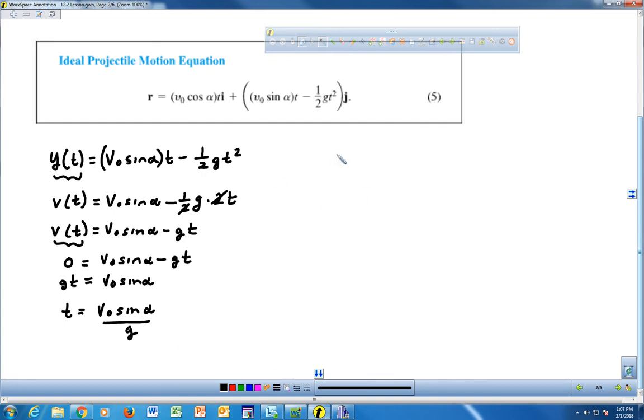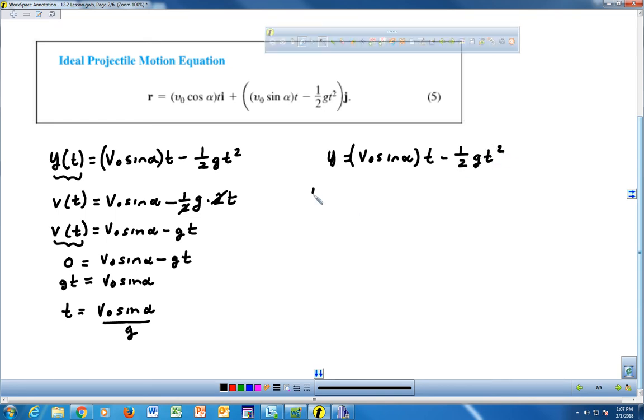So if I want to find the maximum height, we're talking about y, the y component, which is given by this part of the equation, right? So I'm just going to say y equals v sub 0 times sine of alpha times t minus 1/2 gt squared.